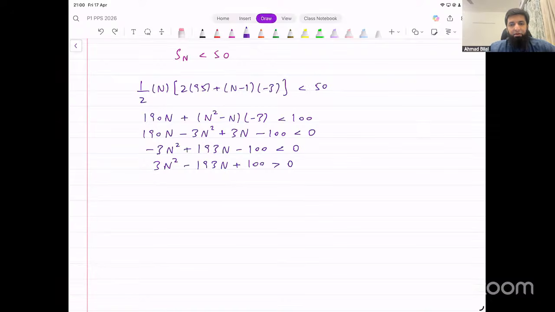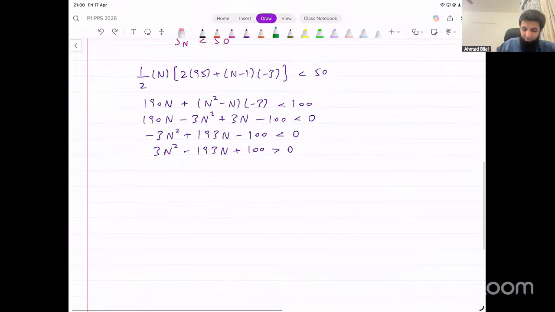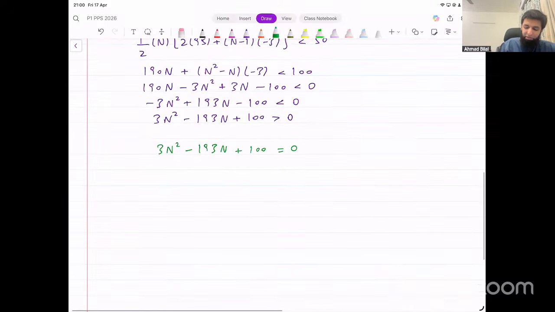We need to solve them as an equation, first of all. So we solve this as an equation and see what that gives us. 3n squared minus 193n plus 100, that is equal to 0. Let's solve this equation first. We cannot do factorization. I'm sorry, I don't know what I was thinking.